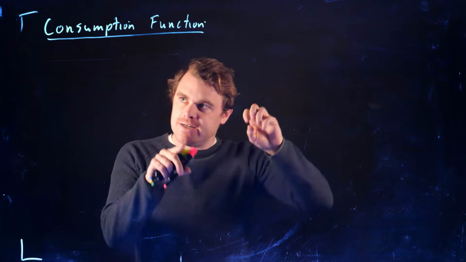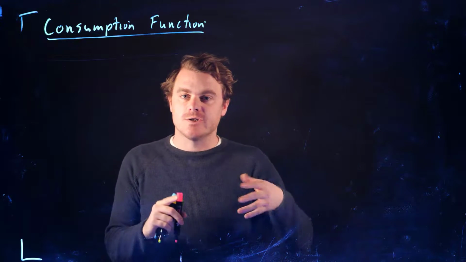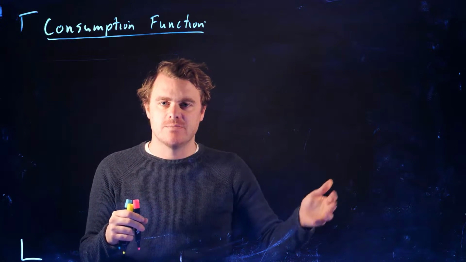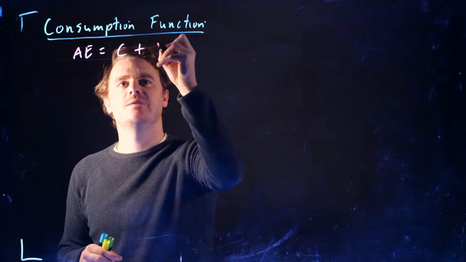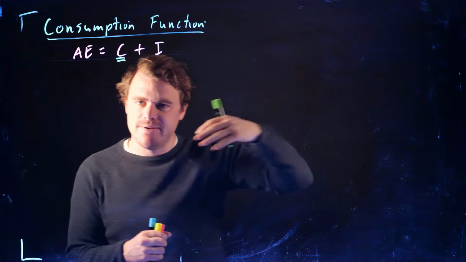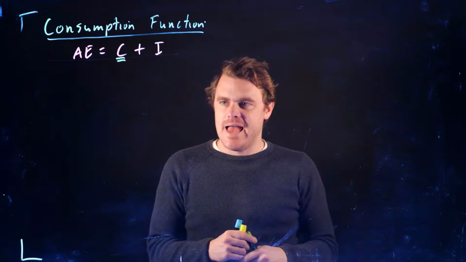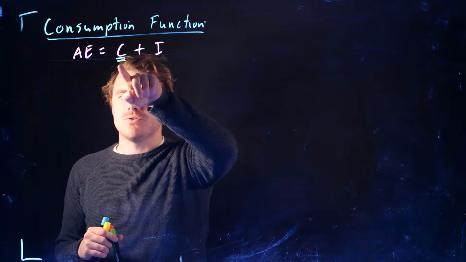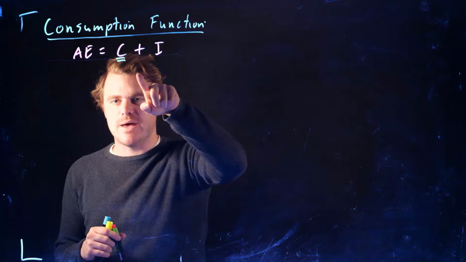Now we're going to talk about the consumption function. Essentially, we're trying to think about how we're going to model desired consumption expenditure. Again, we had AE equals C plus I, and we're concentrating on this C. We've introduced what disposable income is, and now we're trying to come up with a functional form that describes what's determining that desired level of expenditure.